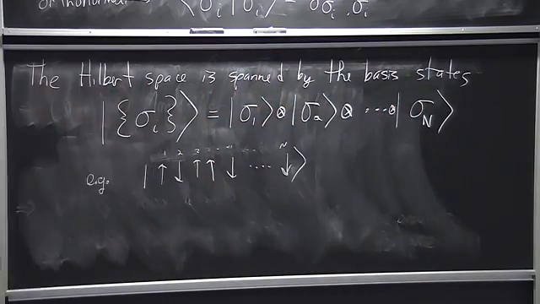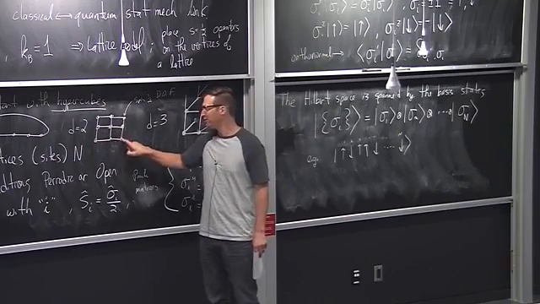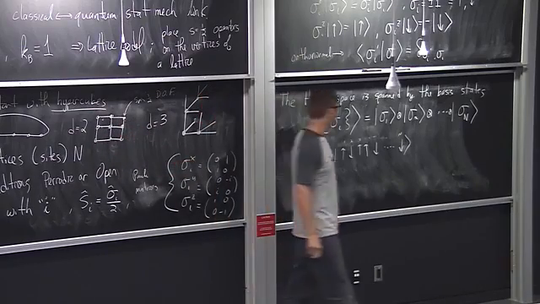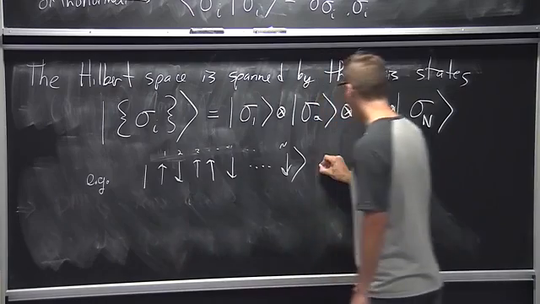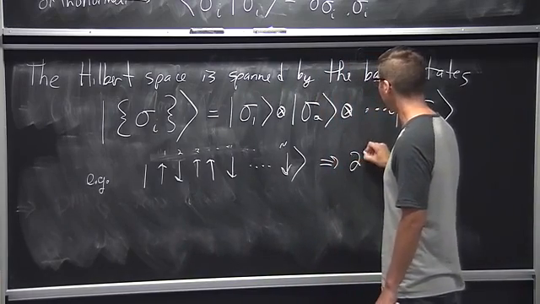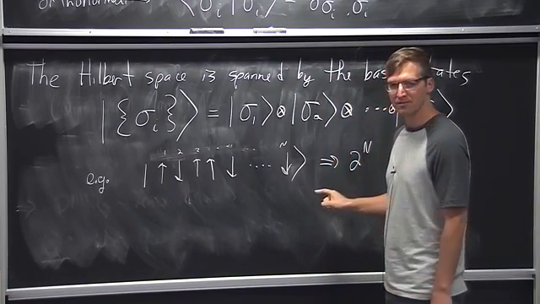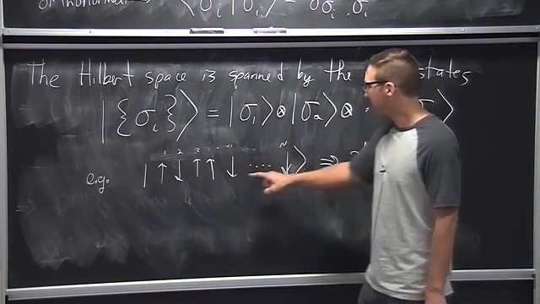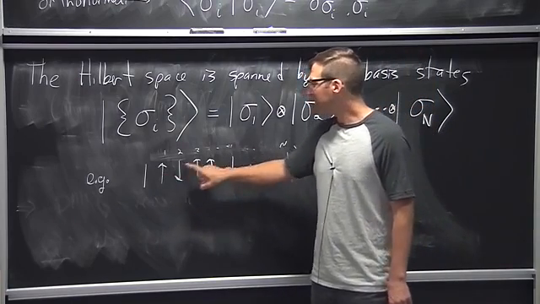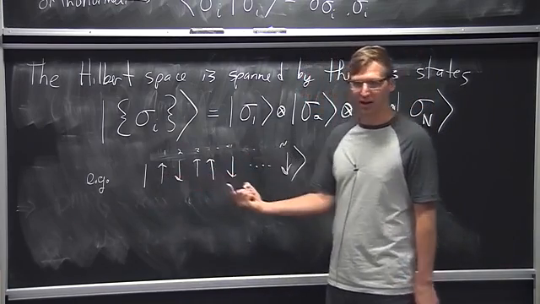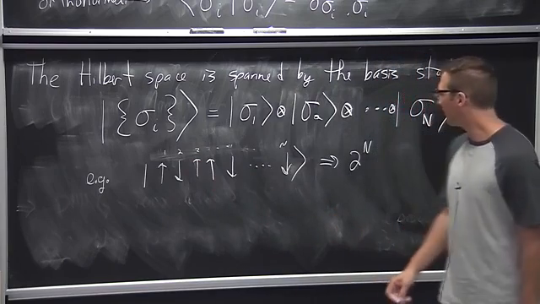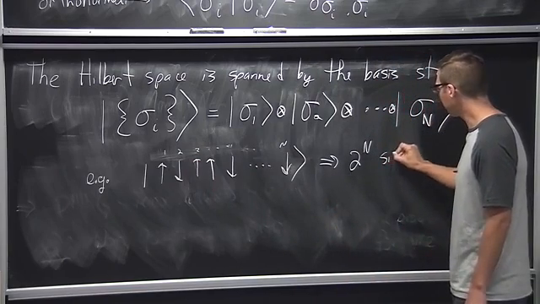Then this is where your 2 to the n Hilbert space comes from, because each one of these sites can either have a spin up or a spin down. So that's the size of your Hilbert space.